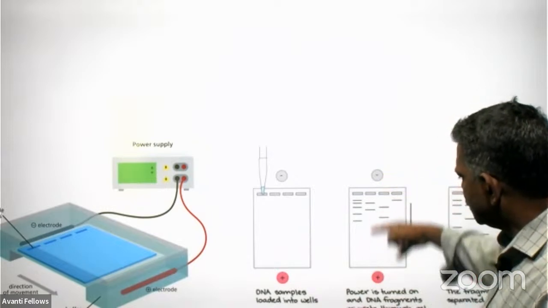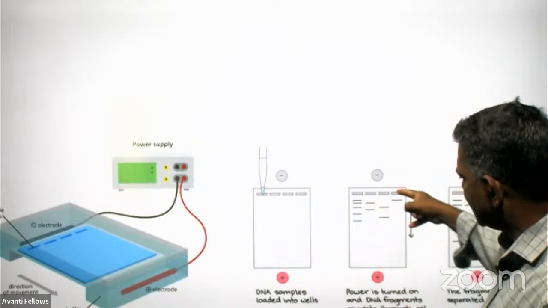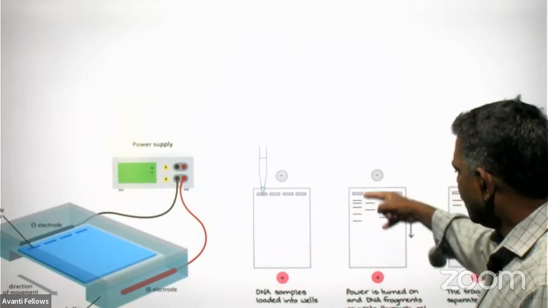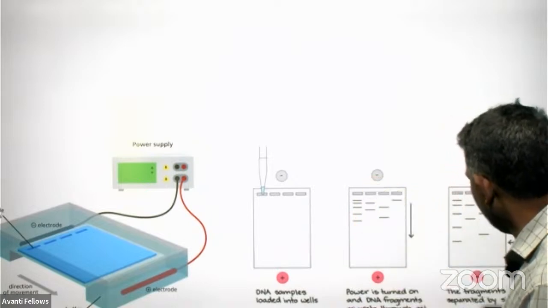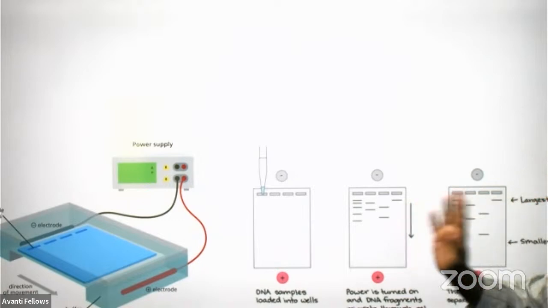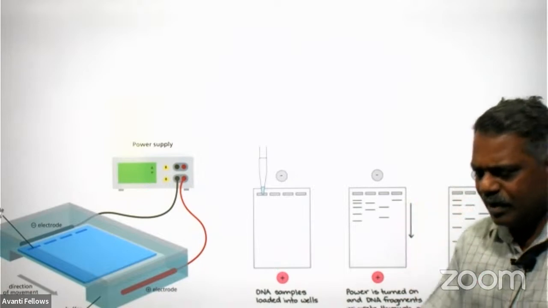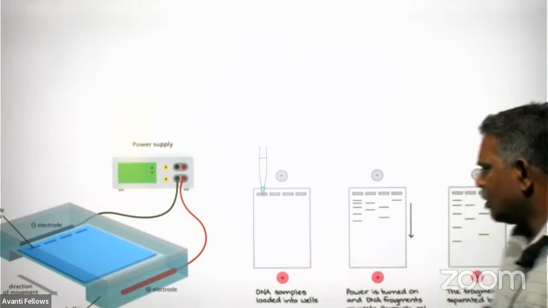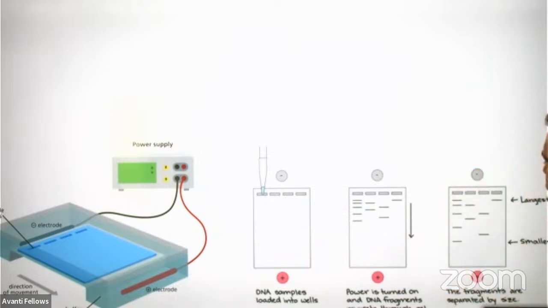It starts moving from the wells. The small fragments of DNA can move away, whereas the largest ones move, but very slowly. So we are separating the DNA fragments based on length. The small ones move quickly through the medium, and the large ones move very slowly.